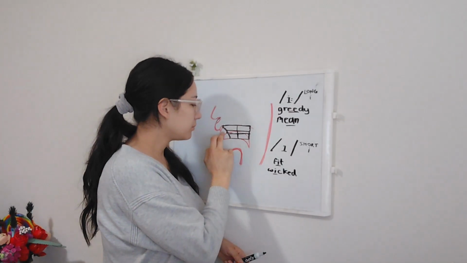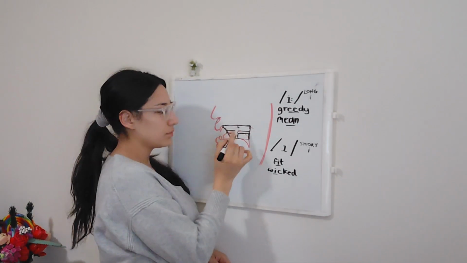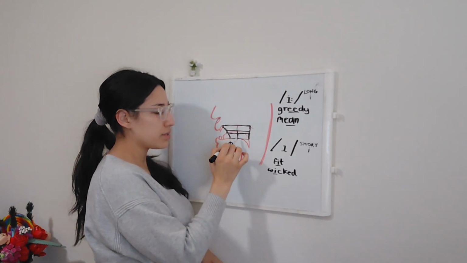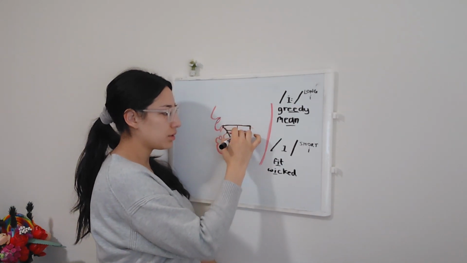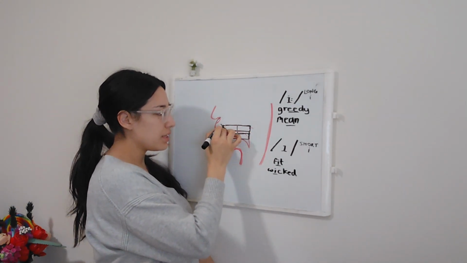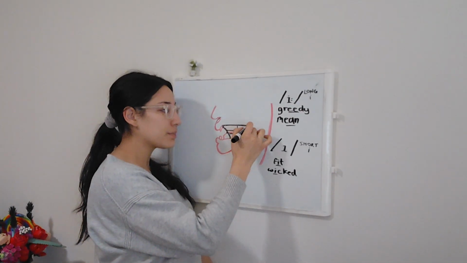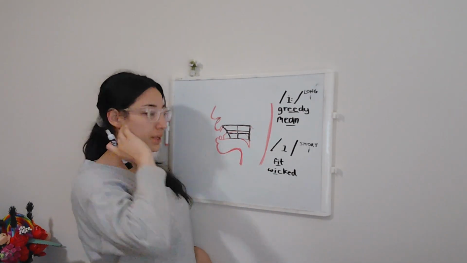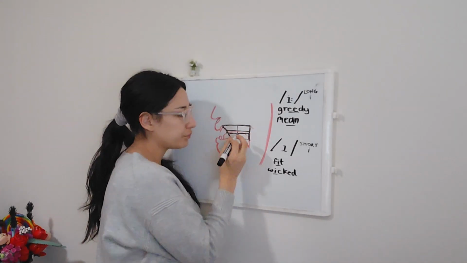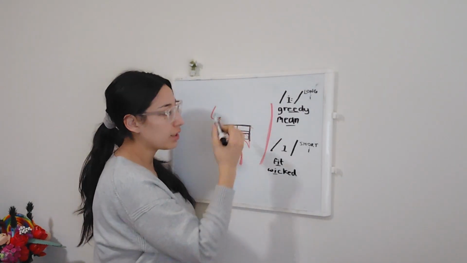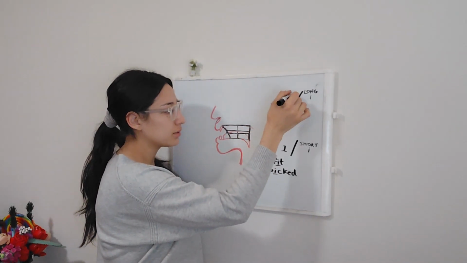Now, right here, this line in the middle represents your tongue. This is your tongue. This is where in the mouth your tongue is going to go, and this back here is your jaw, basically.